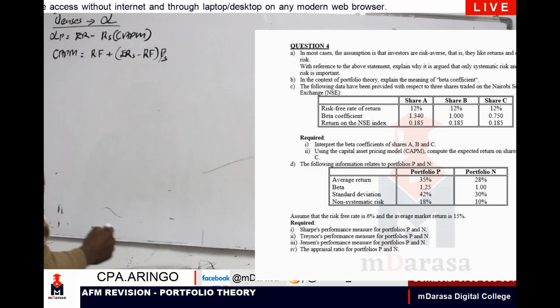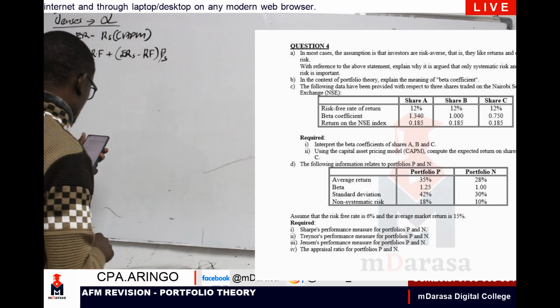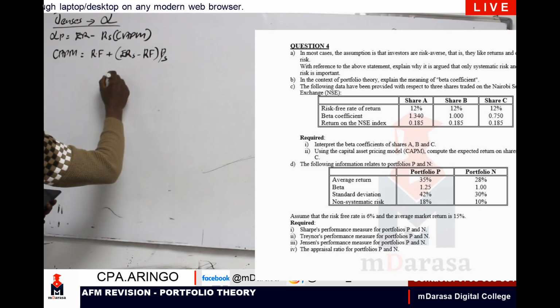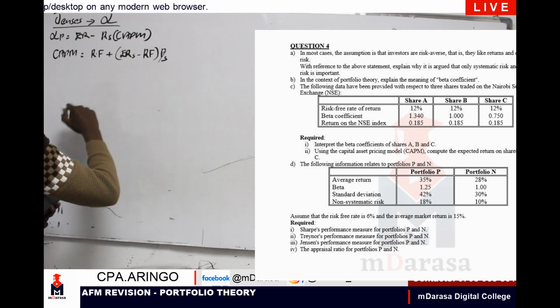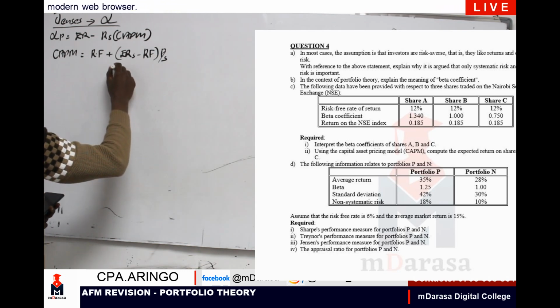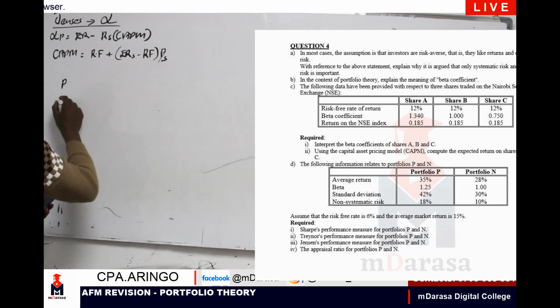In this context, how many securities am I having? We're having securities P and N.